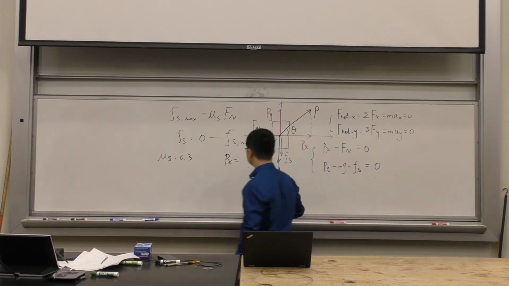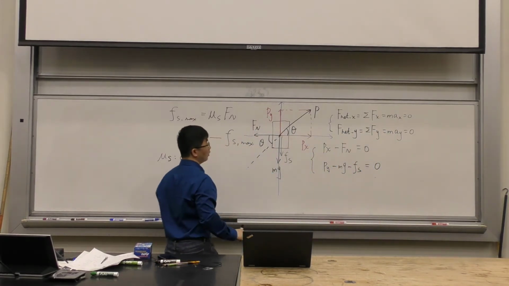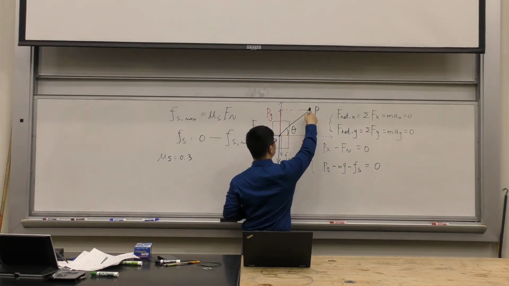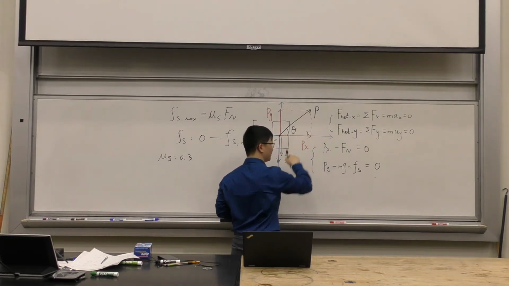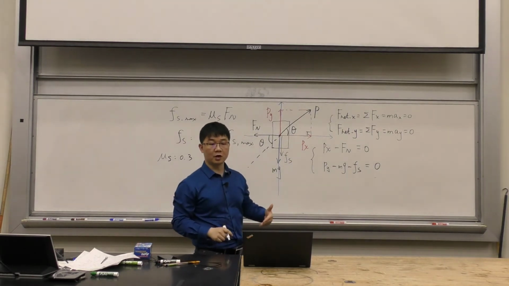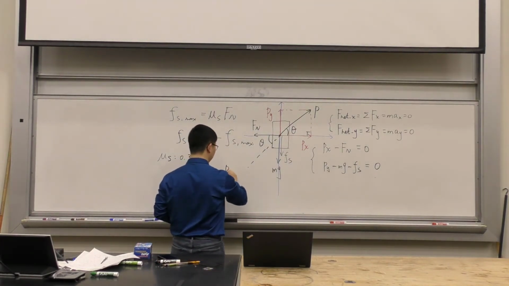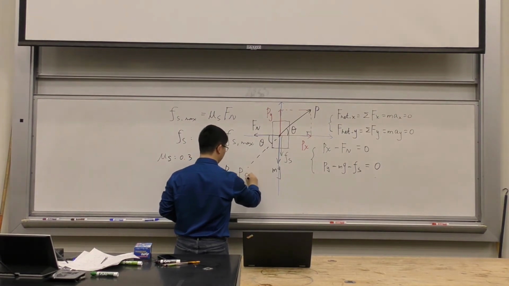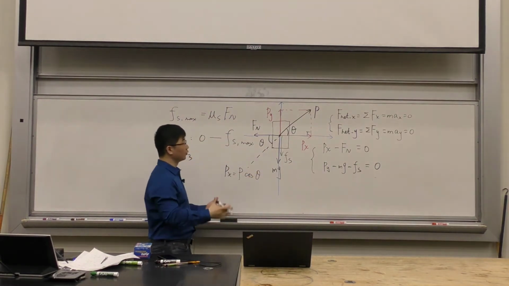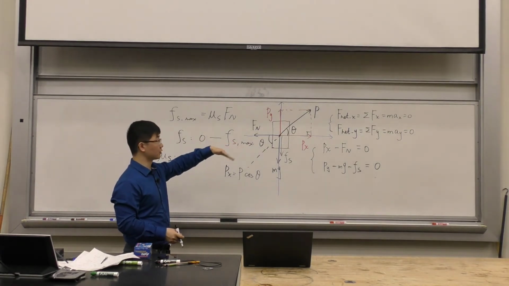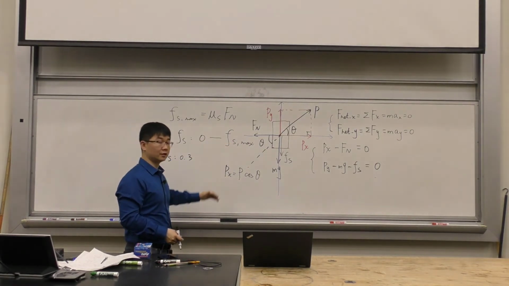Now, how do I write this Px and Py? Well, I'm going to still use this right triangle. So hypotenuse P, and Px is adjacent to this theta angle given in the problem. So in this case, it will be cosine. So Px is P cosine theta. Take a look at the direction, it's in the positive x direction, so I don't need a negative sign for this.